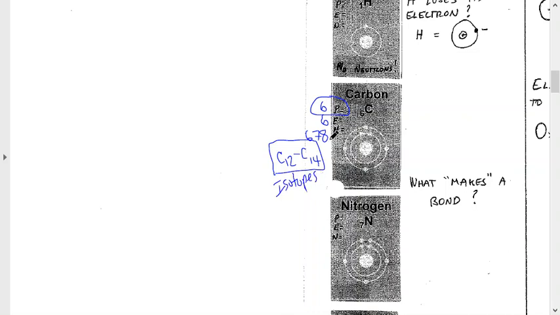Let's take a look at the distribution of electrons in carbon. Per usual, here's the nucleus in the center with all the neutrons and the protons. The inner shell has 2 electrons and it's happy, so it is full. The second shell has the remaining 4 electrons: 1, 2, 3, 4. We know that this valence shell, this outer shell, likes to have 8, 2 for the first, 8 for the second.